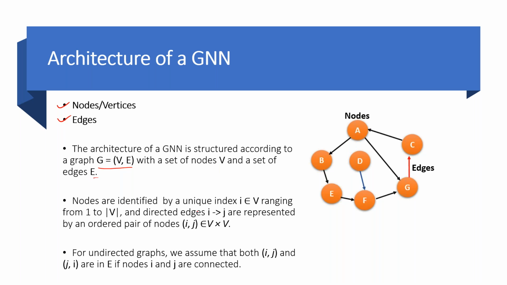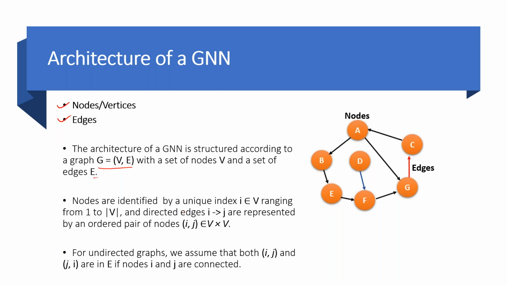Nodes are identified by a unique index i. We call them i, or N1, N2, N3, or V1, V2, V3, ranging from 1 to the modulus of V, which is always a positive number.